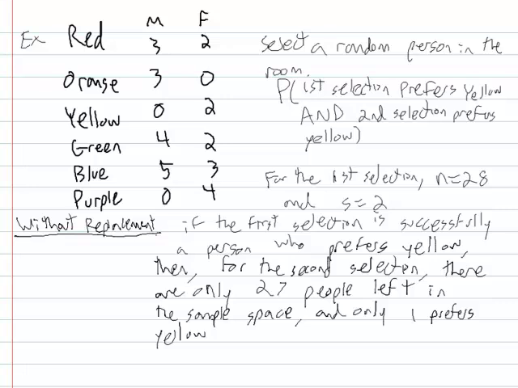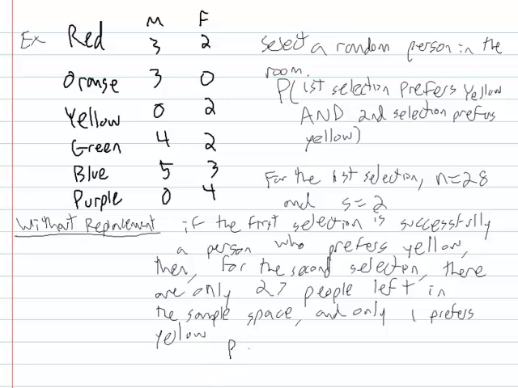Well, if I draw out the first person's name, say one of these two females who preferred yellow, one of them was named Jennifer. Well, then if I don't replace Jennifer's name, there's only 27 pieces of paper left in the hat, and only one of them prefers yellow. And so technically, the first choice affects the probability of the second choice.